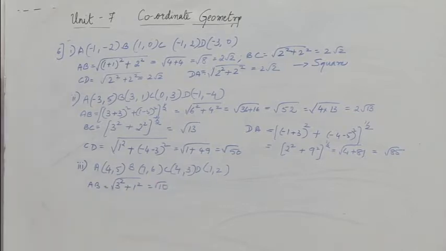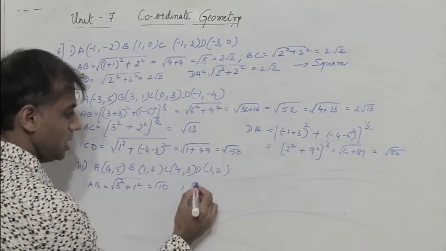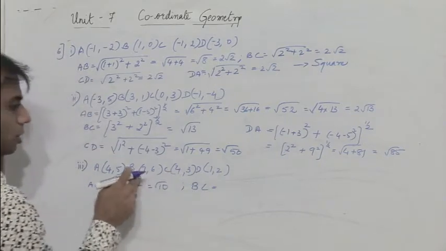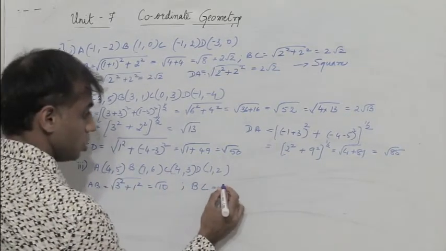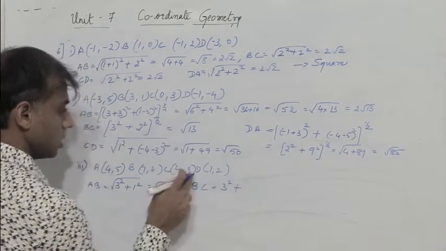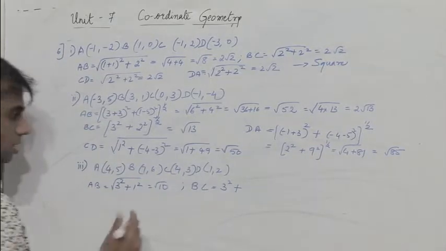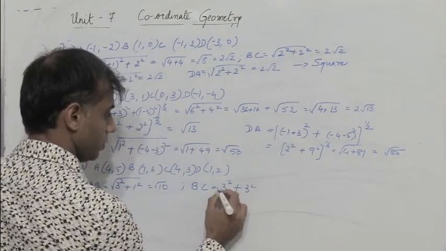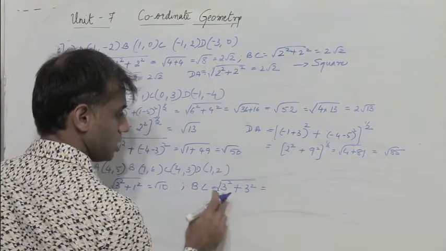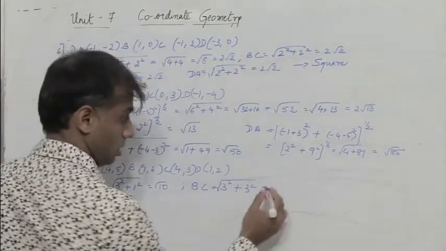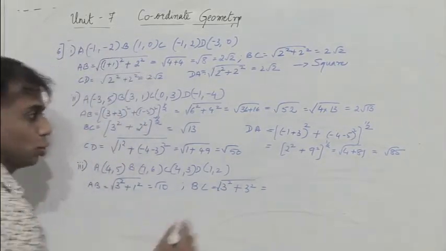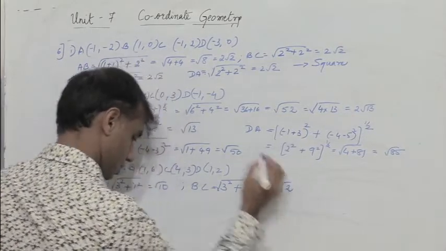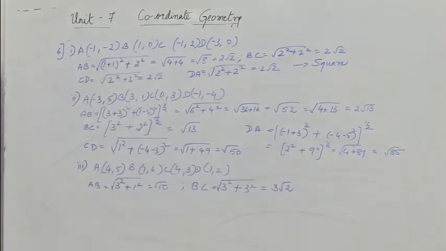So AB is root 10. Next, BC, 4 minus 7 is minus 3 or 3 squared, plus 3 minus 6 is again 3 squared. So this is 9 plus 9 is 18, or we can write it as 9 into 2, which is 3 root 2. So this is 3 root 2.